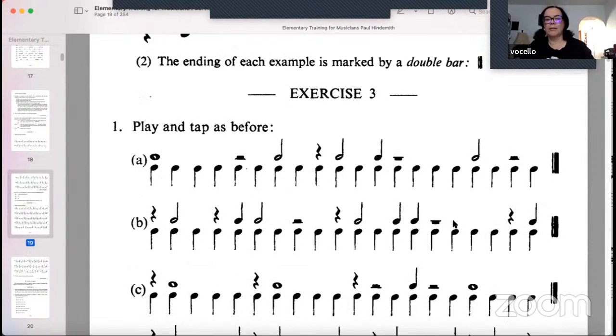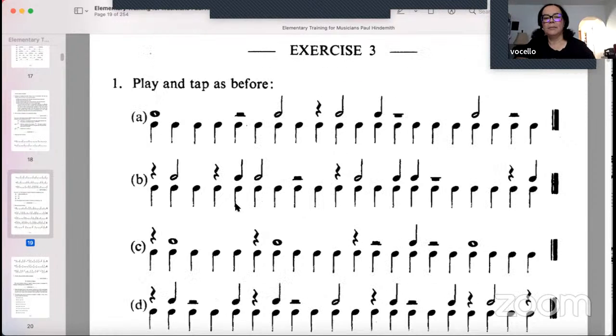Number 3, exercise number 3, letter A. Ta, ta, ta, ta, ta.